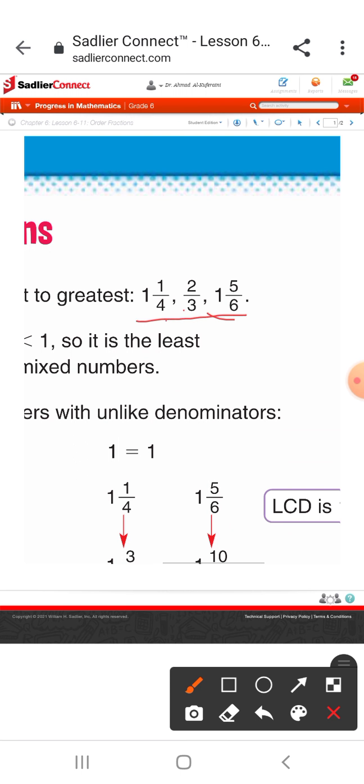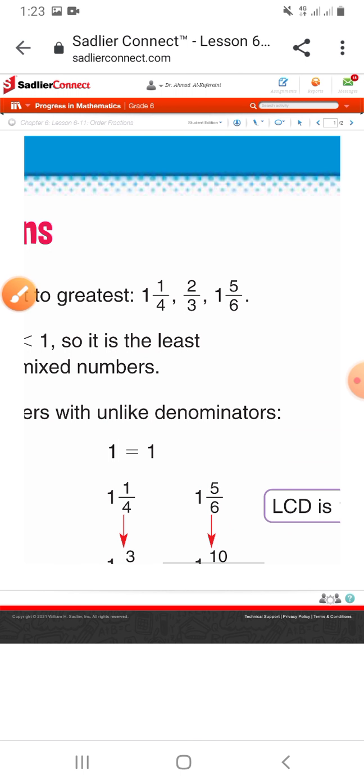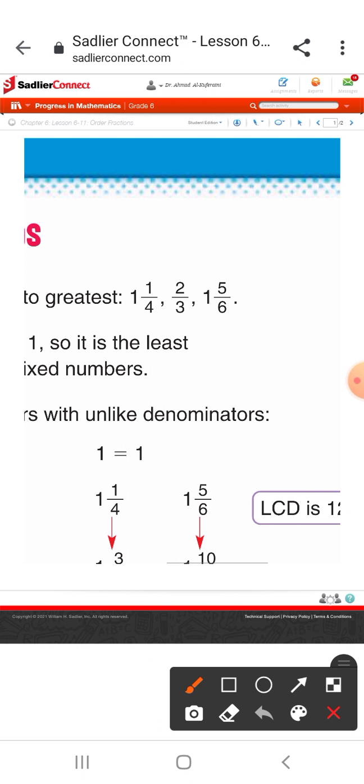We can make all of them 12. We can make the 6 into 12 by multiplying it by 2. So this can be times 2, times 2. This one also times 4, times 4. And this one times 3, times 3.